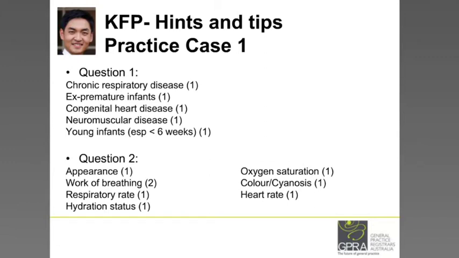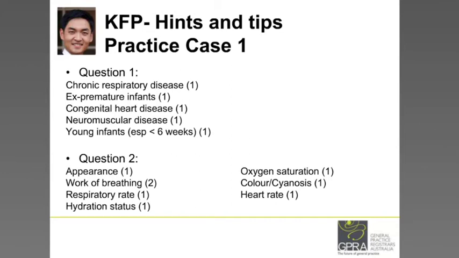So key features, you want 3 factors and 3 factors only. Those of you who put 4 factors or more would lose marks because you put too many answers. You weren't being as succinct, as targeted or as focused with your answers as they would have liked.